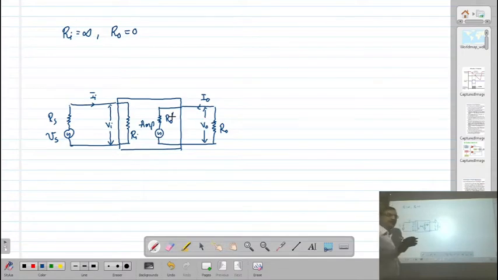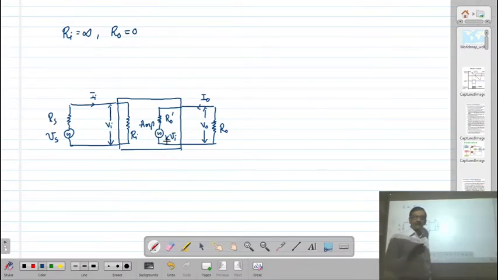Whatever the maximum voltage provided by the transistor, that voltage is given as K into Vi. What is K? That is the amplification factor of the given active device. Whatever the input voltage is, it is multiplied by K, and this much maximum voltage will be provided by the transistor.